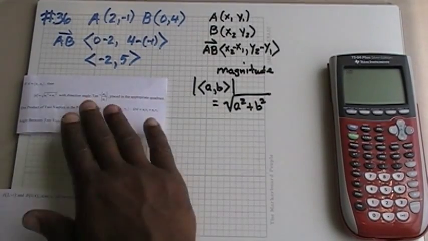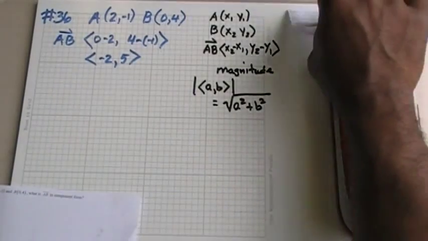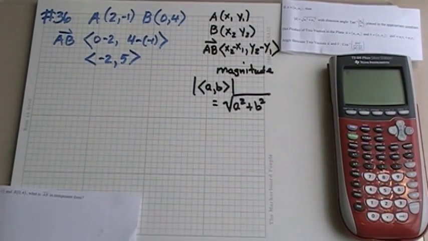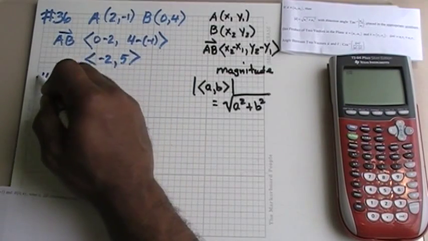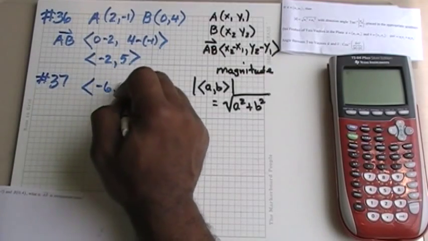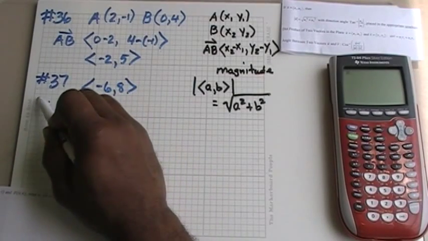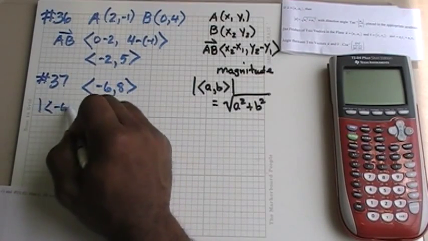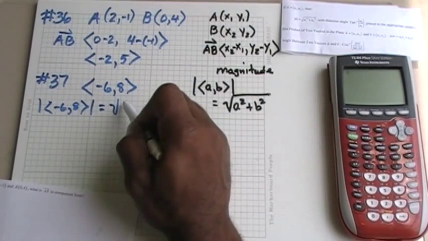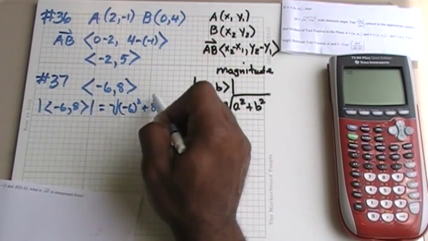So if we're finding the magnitude of the vector, this is number 37, (-6, 8), then the magnitude of that will be the square root of -6 squared plus 8 squared.